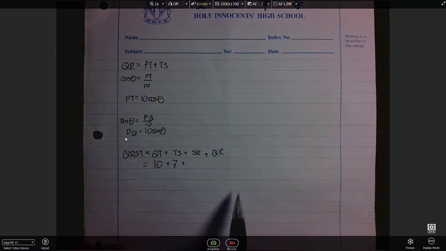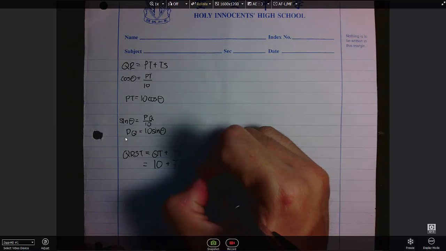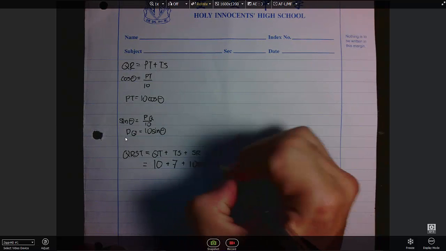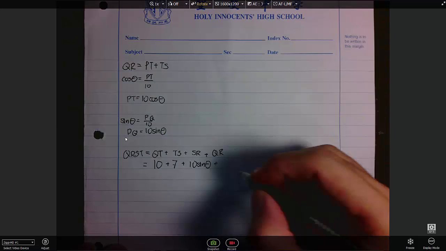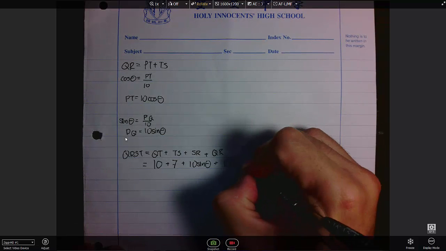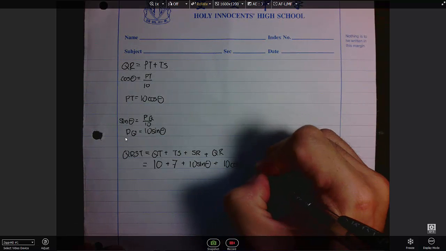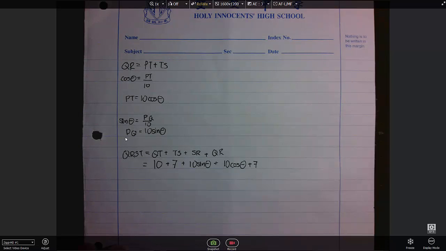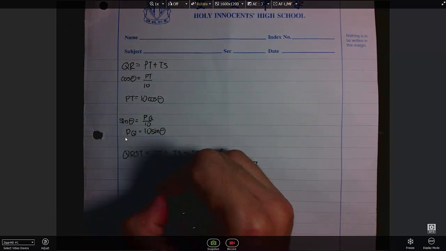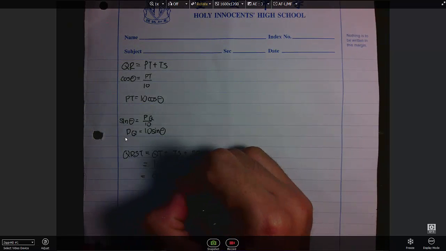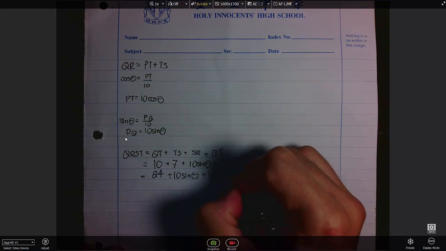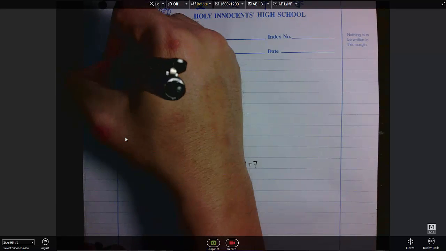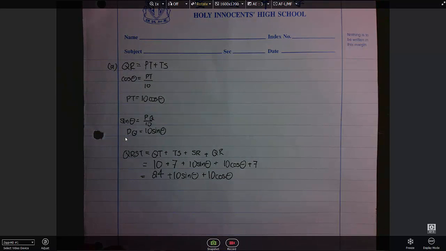SR is equal to PQ, which is 10 sine theta, plus lastly QR is PT plus TS, so it's 10 cosine theta plus another 7. If you add up everything, you'll find that you get 24 plus 10 sine theta plus 10 cosine theta. And that concludes part A of your corrections.